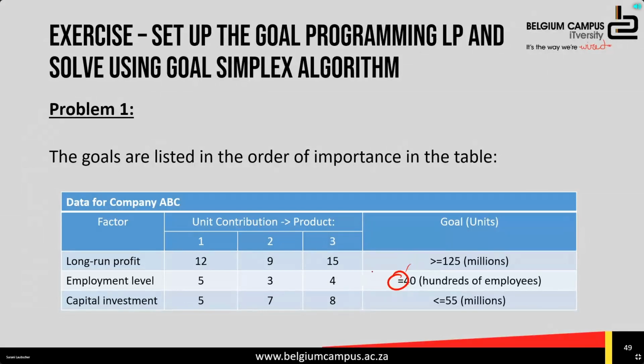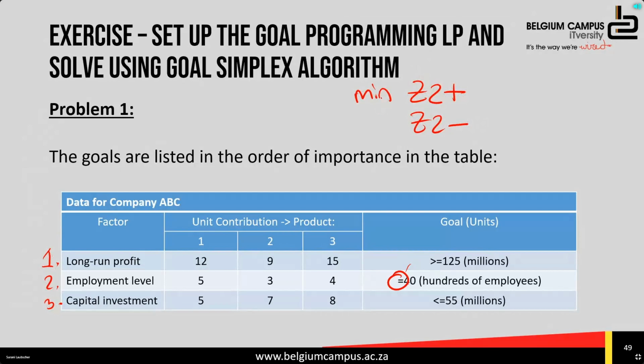So when you create your Z, this is now in order of importance, so that's number 1, 2, and 3. So when I create my Z2, I'm going to have a Z2 with a plus and a Z2 with a minus. And I'm going to calculate the same way, but I have to think, what am I minimizing? Now, this depends on how you set it up.